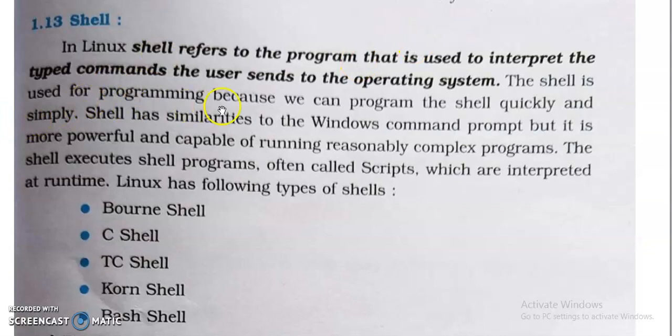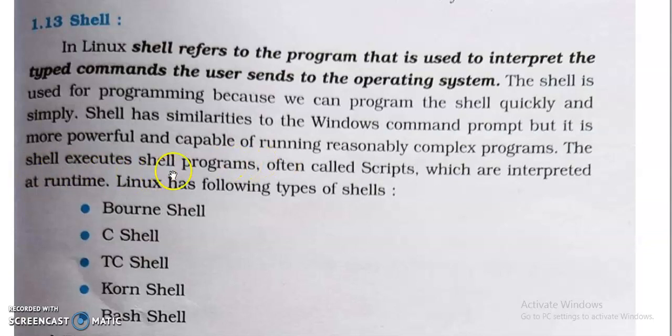The shell is used for programming because we can program the shell quickly and simply. Shell has similarities to the Windows command prompt, where we give a textual command and then we get our work done. Similarly, here we have a shell for Linux, but it is more powerful and capable of running reasonably complex programs.